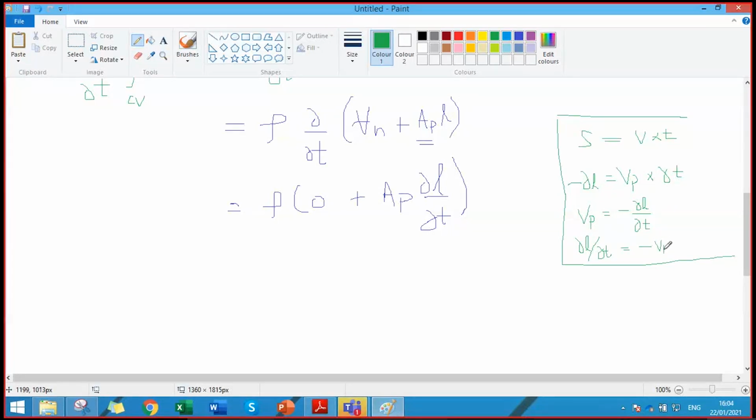Yes, sir. So this equation can be written as, the partial by partial t integral over the control volume rho dV is equal to minus rho AP vp, right?